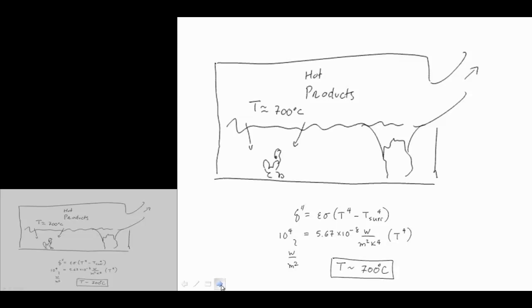Well, when we saw that video with the Christmas tree fire, we have hot products on the order of 700 C, and if you think about a heat flux on the order of 10 kilowatt per meter squared, 10 to the 4 watts per meter squared, we can model this as a black body source, the smoke in the upper layer of the fire. Why should we do that?